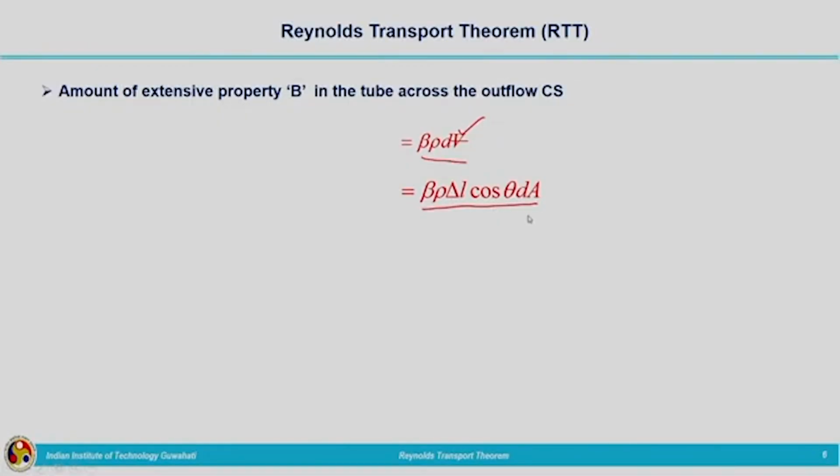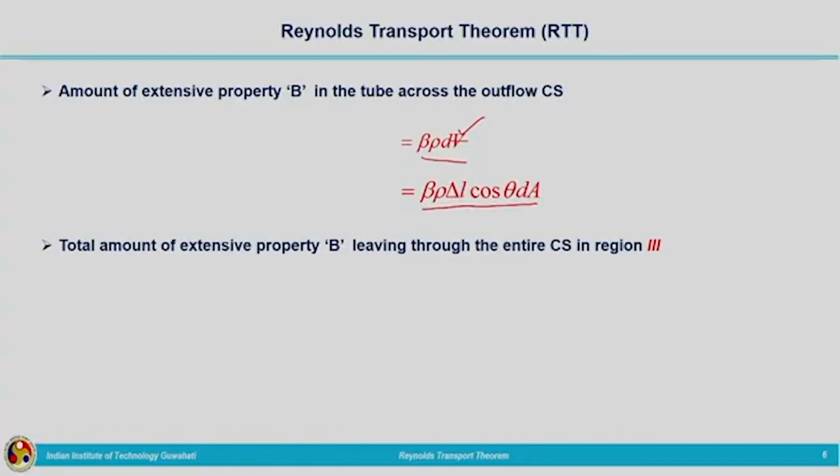For that elemental tube which contains the flowing fluid, the volume was delta L cos theta dA, and based on that we calculated the extensive property corresponding to that small elemental area. So the total amount of extensive property B leaving through the control surface in region 3, the outflow control surface, we need to integrate over that particular area.